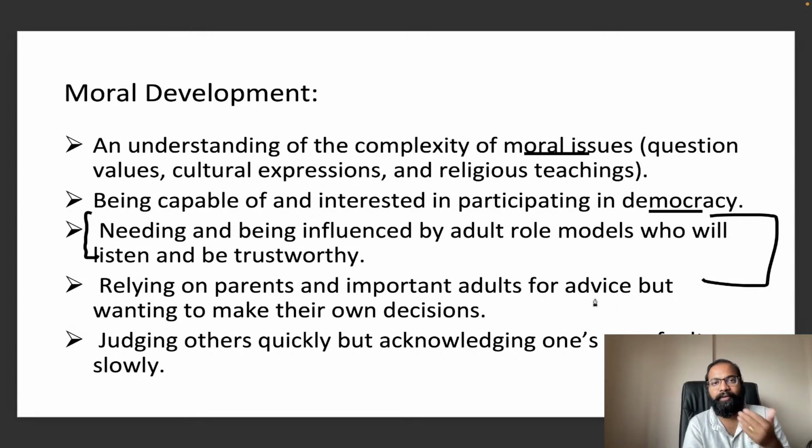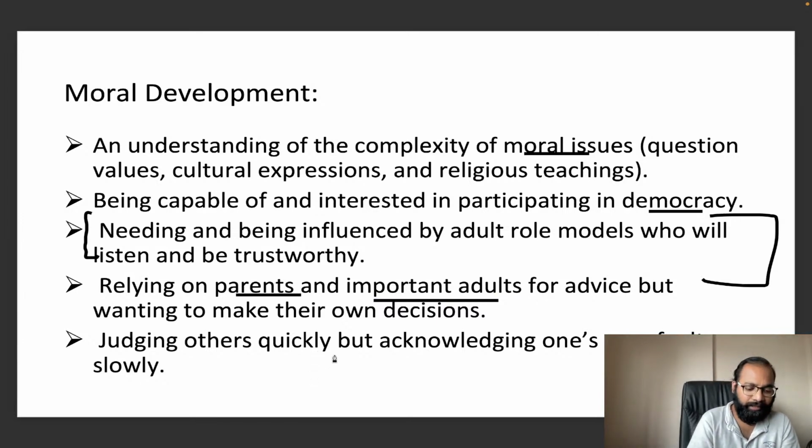So they always look for advice, and want to make their own decisions. It means adolescent learners depend upon parents and teachers for getting advice, but finally they will take their own decision. Okay, and they will judge others quickly, and they are able to understand their own faults only very slowly, right?